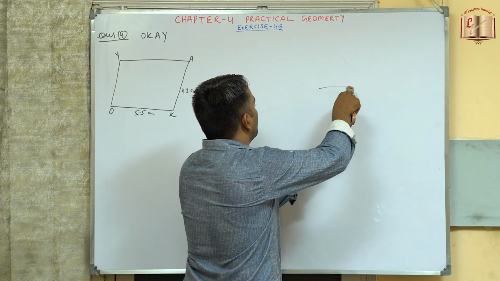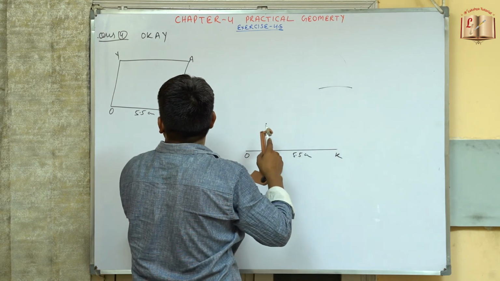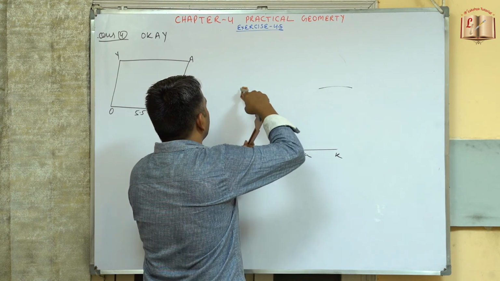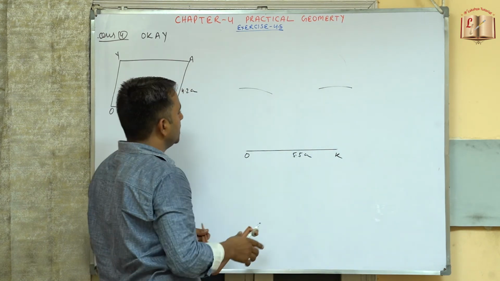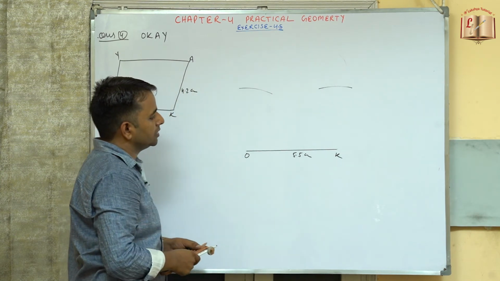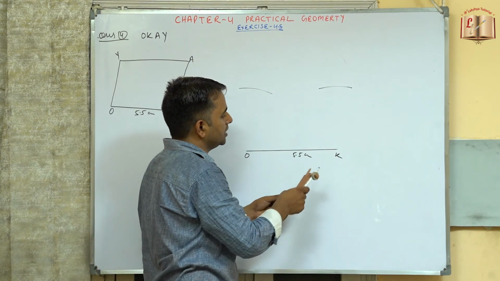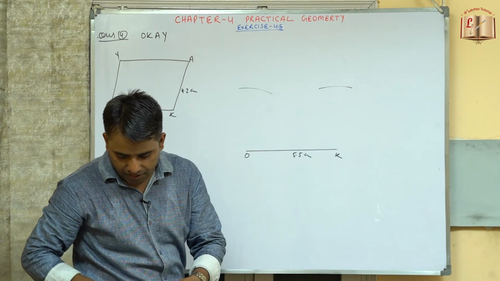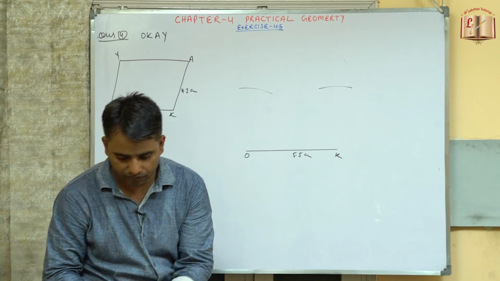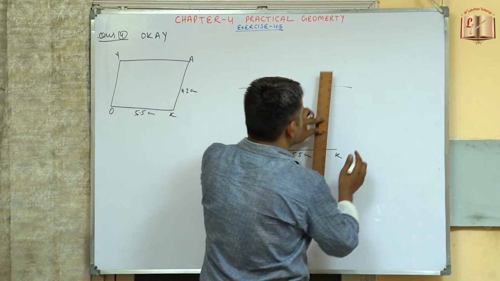So this is now 4.2, and from here also we will draw an arc equal to the 4.2. Now see that we will draw equal angles. So whatever angle is drawn over here, we can produce this side now. So we can draw any angle over here.